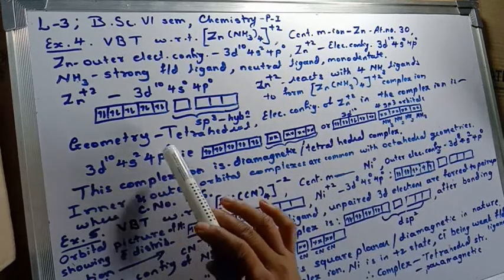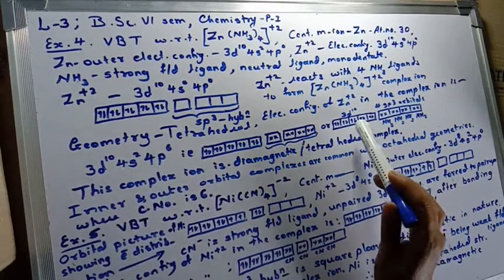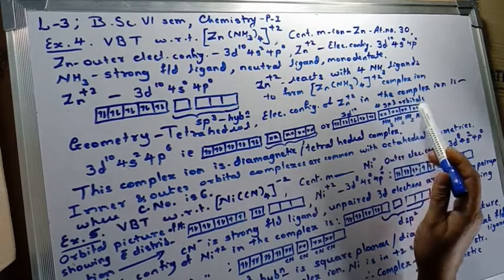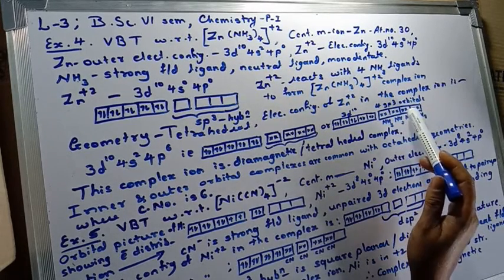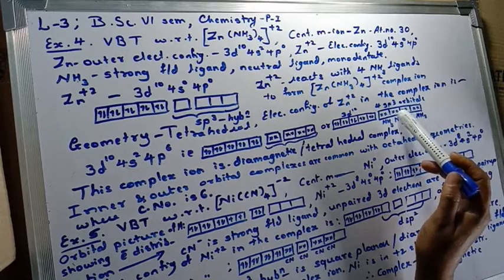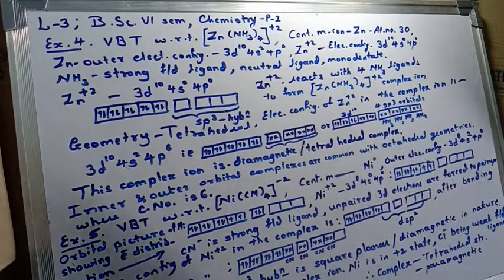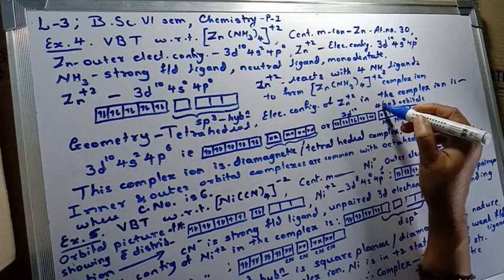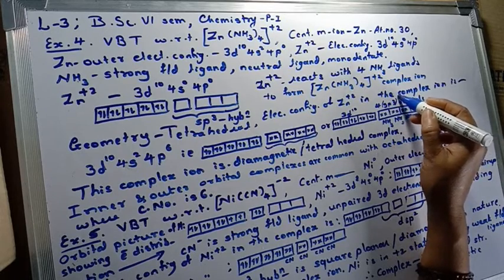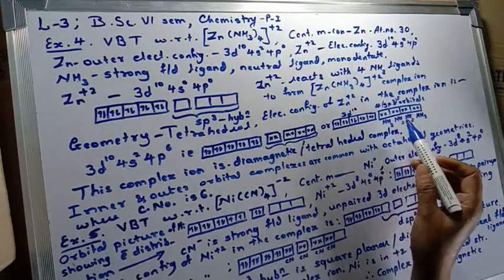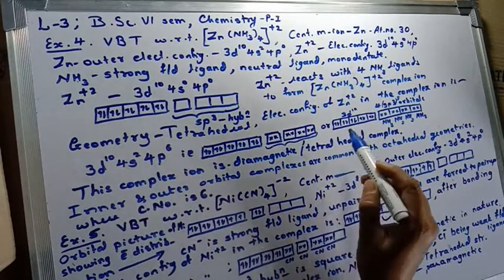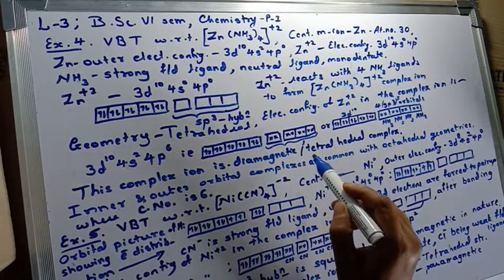Therefore the electronic configuration of Zn in the molecule is 3d10 4sp3 raised to 8, because 2 plus 2 plus 2 plus 2 is 8 electrons. The 4 sp3 orbitals have totally 8 electrons. There are no unpaired electrons, hence the complex is diamagnetic.